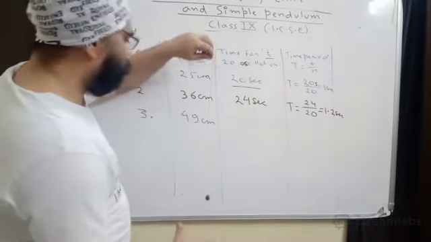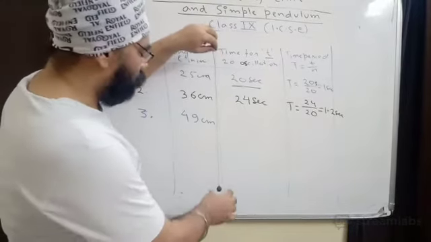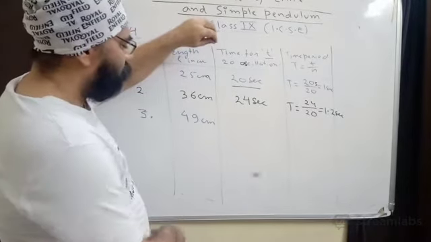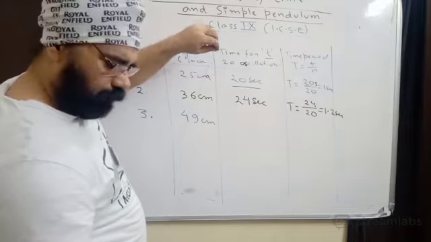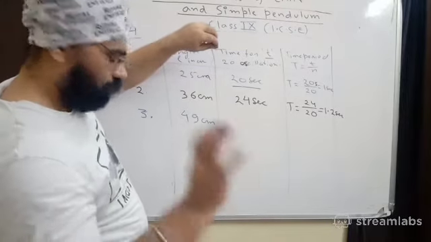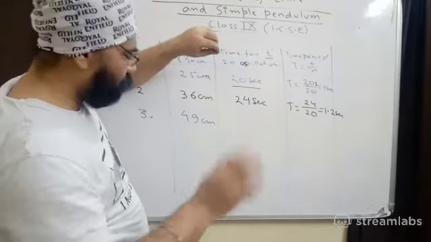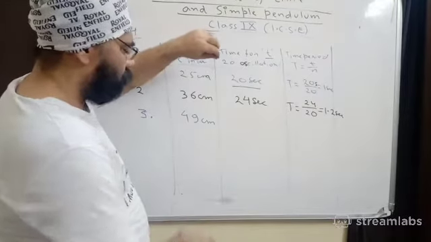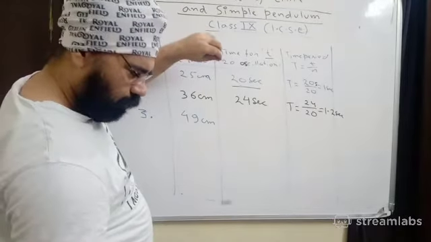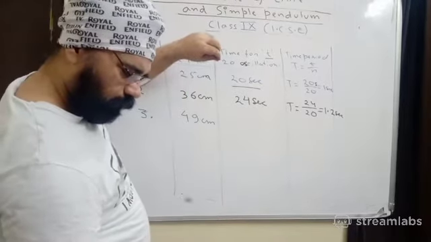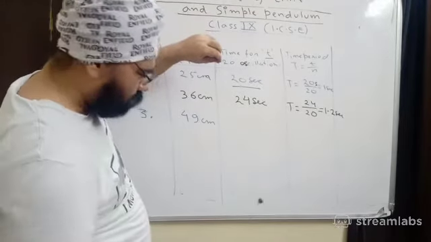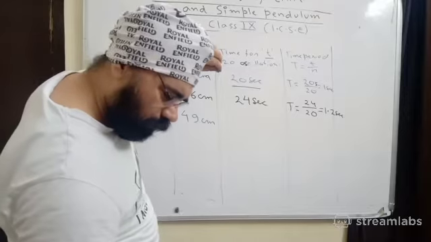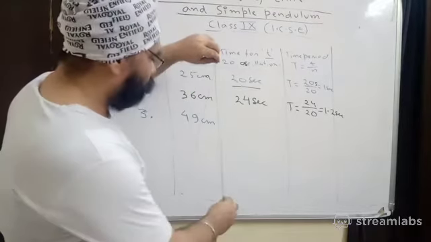My hand is a rigid support, I disturb it and I leave it, and here we start. Oops, it didn't start. Wait, we'll start again. Reset and we'll start it.